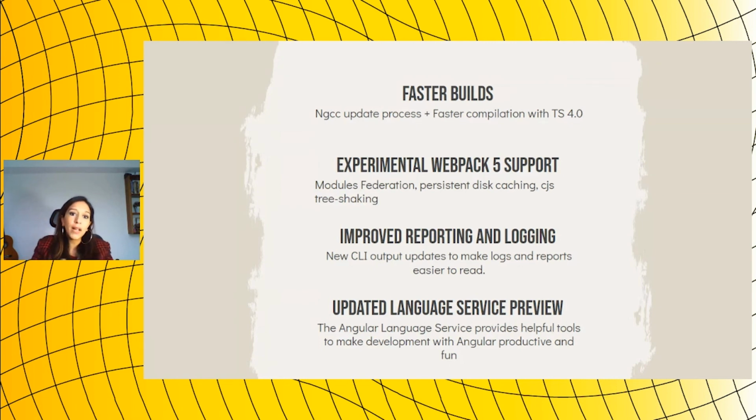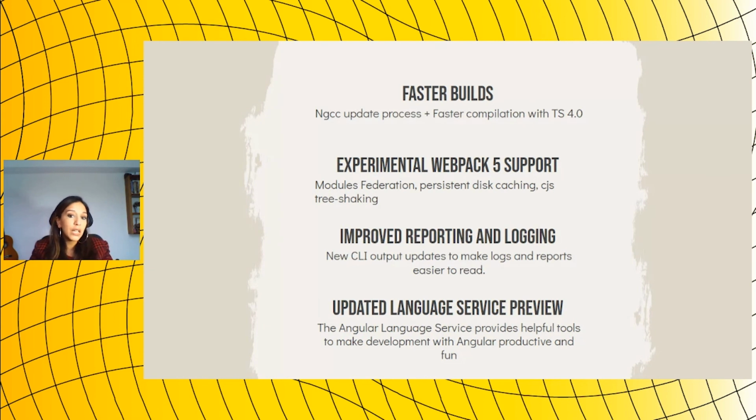And those are my collection of great features available in Angular 11. Faster build: the NGCC update process is faster, 4 times faster compared to version 9. There's faster compilation with TypeScript 4.0. The experimental Webpack 5 support is here, so you can play around with things like module federation.